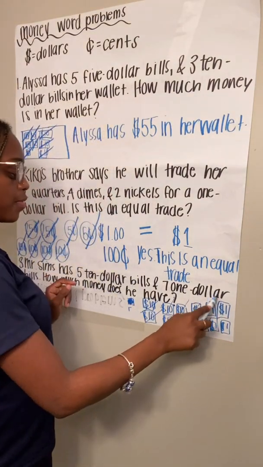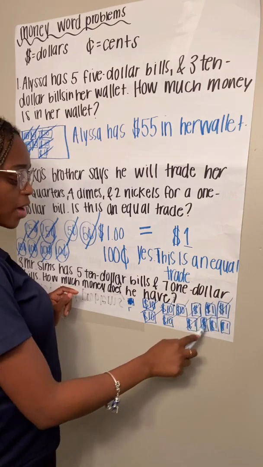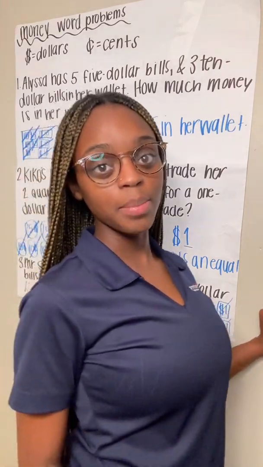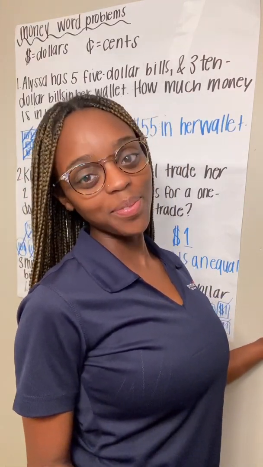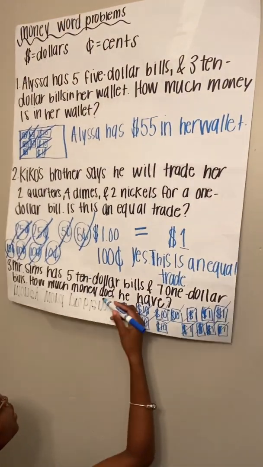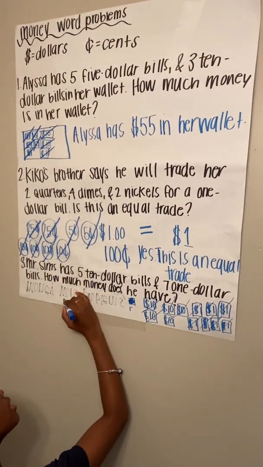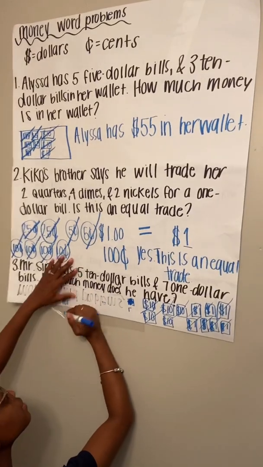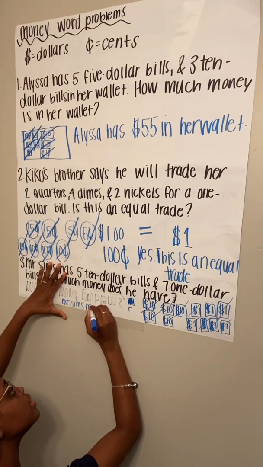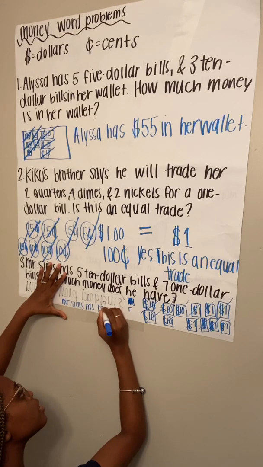So 51, 52, 53, 54, 55, 56, 57. So that means Mr. Sims has $57. And we will, of course, write a sentence. Mr. Sims has $57.